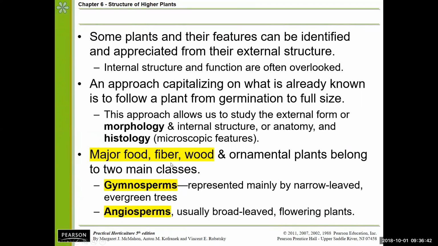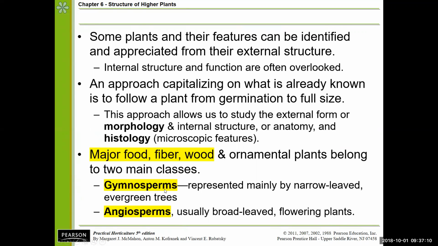Our major food, fiber, and wood are in the gymnosperm and angiosperm classes. So that's a step below phylum. They say ornamental plants in the book too, but there are plenty of ornamentals, ferns or mosses, that are now being used as ornamentals. So I'm not really going to include ornamental in that as well.